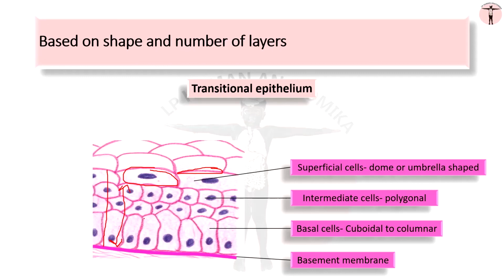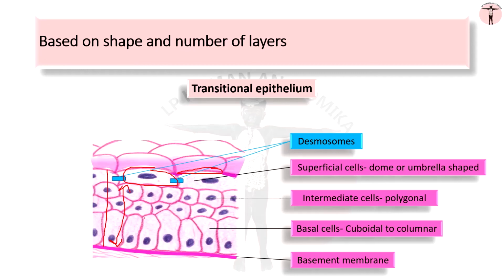Clear? Now coming to the functions, at the surface of the epithelium, the cell membranes are united to one another by the epithelial junctions called desmosomes, which help in retaining their positions during stretching and relaxing states.